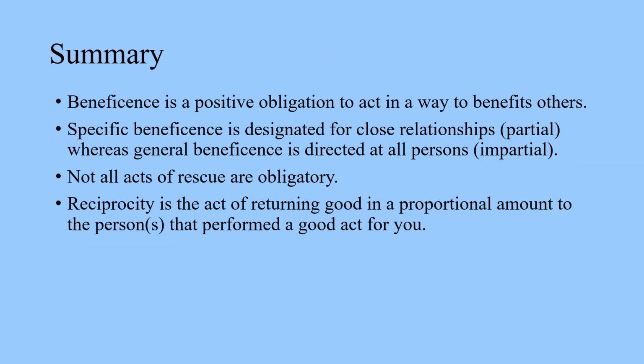So beneficence is a positive obligation to act in a way that benefits others. We have different types of beneficence. Specific beneficence is designated for close relationships, so these would be partial. These would be within our social sphere, the ones that we interact with, whereas general beneficence is directed to all persons, and this is where impartiality comes into play. There's also this idea that we don't necessarily have an obligation for these acts of rescue.